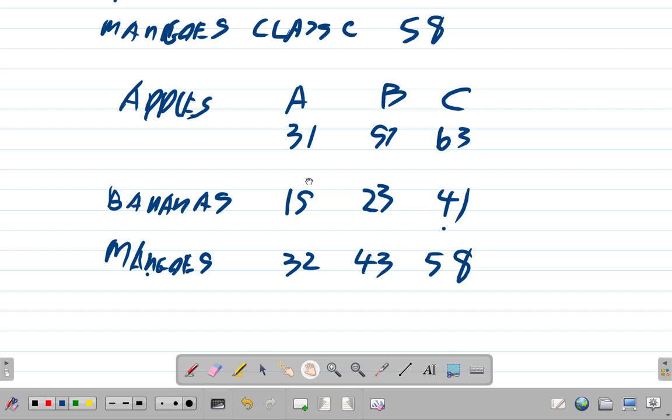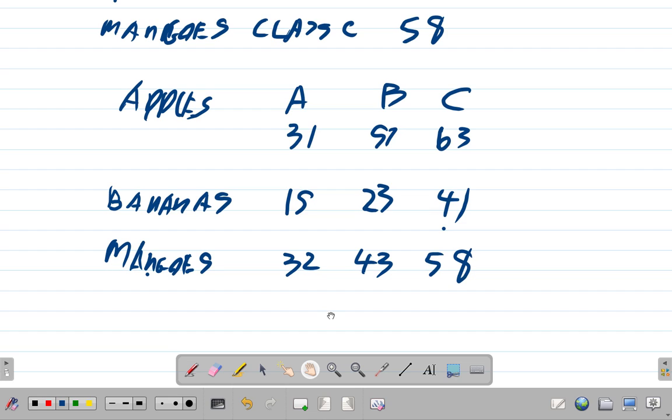Now, here. The question is, what is it that you could do in order to save time and ink and effort? If you study the pattern here, once you work in that factory, you could just look at the numbers and tell that there are apples, bananas, mangoes from the top down, and A, B, and C, left to right.